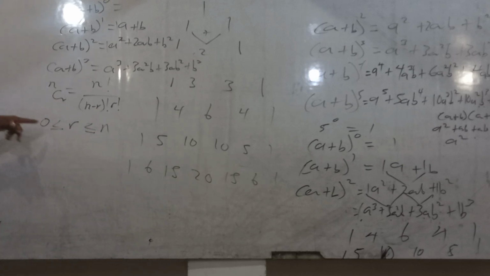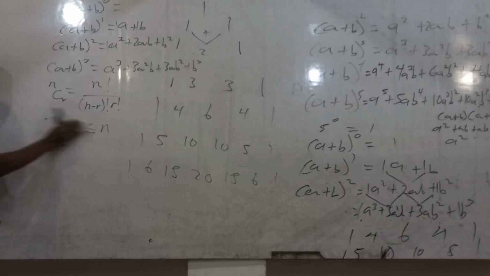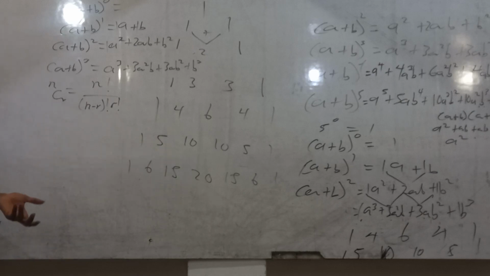So if n is 5, the first term should be 5 combination 0, and the last term should be 5 combination 5. That's why the number of terms is n plus 1, because it starts from 0: 0, 1, 2, 3, 4, 5. That's 6 terms. So that's how you get to know your number of terms too.